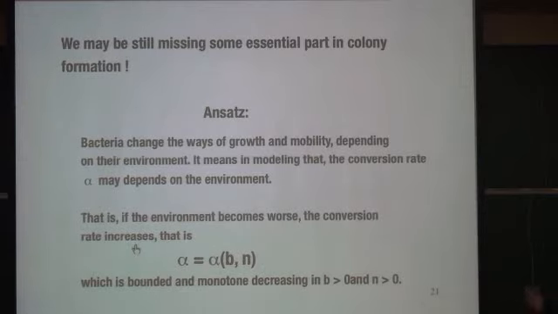It means alpha is not constant, but a function of alpha, B and N. This is an ansatz. There is no biological support, but we try to impose this assumption on our model.